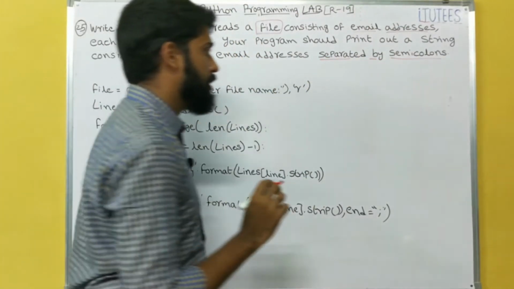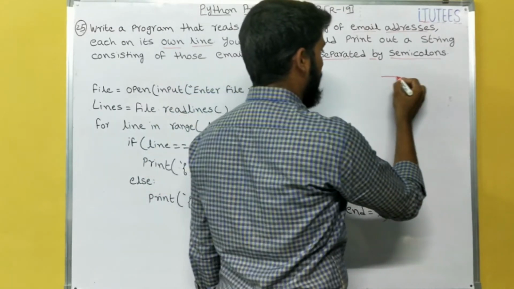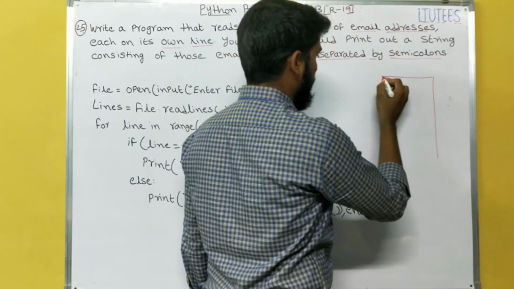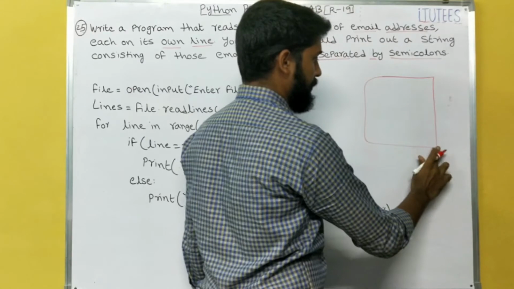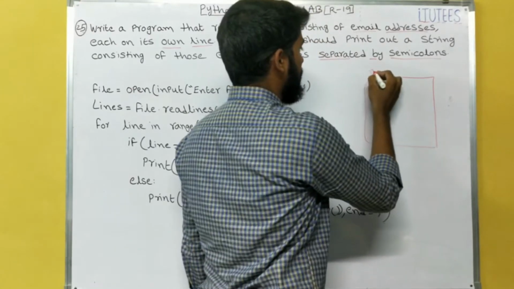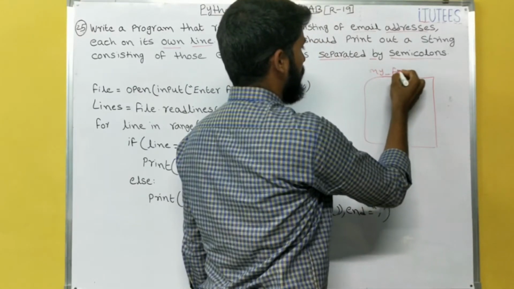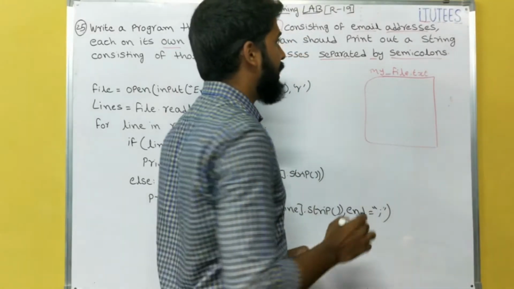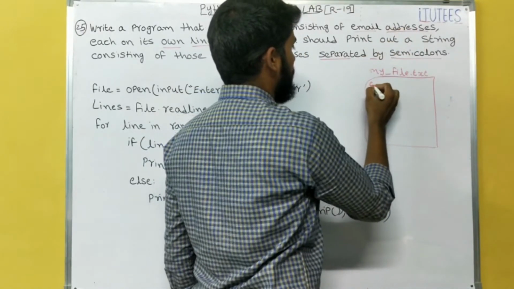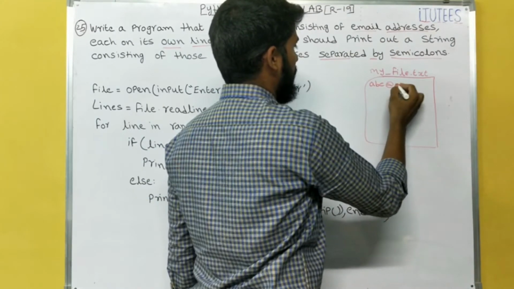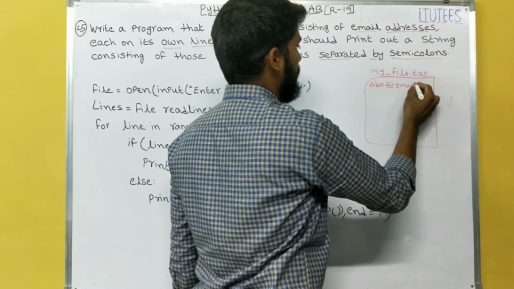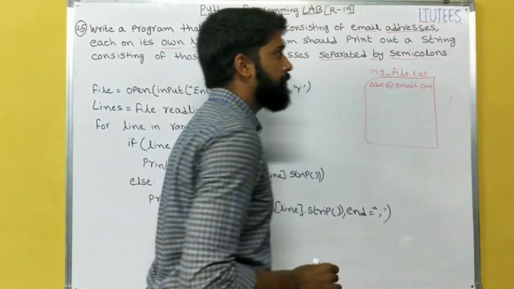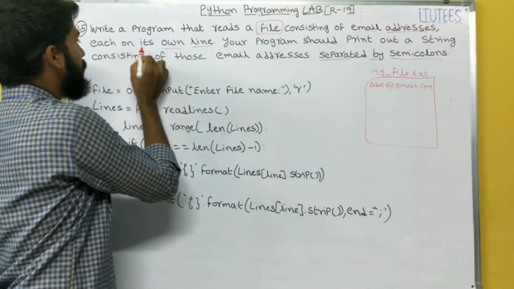So that means you have one file. For example, this is the file. Our file name is my_file.txt. This file contains email addresses, for example abc@gmail.com, and each on its own line.